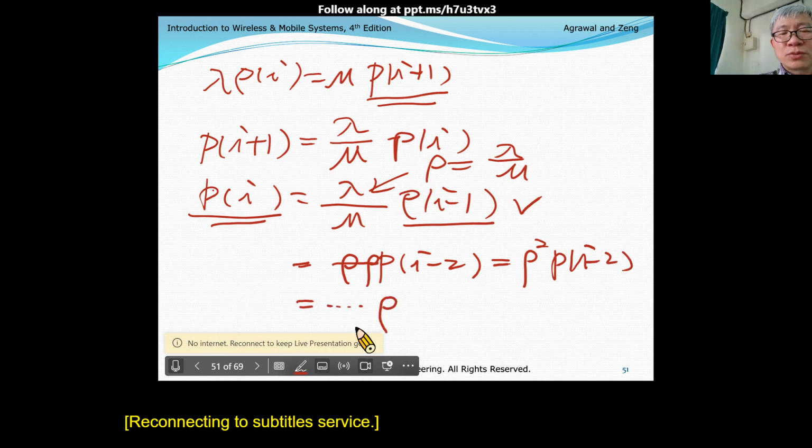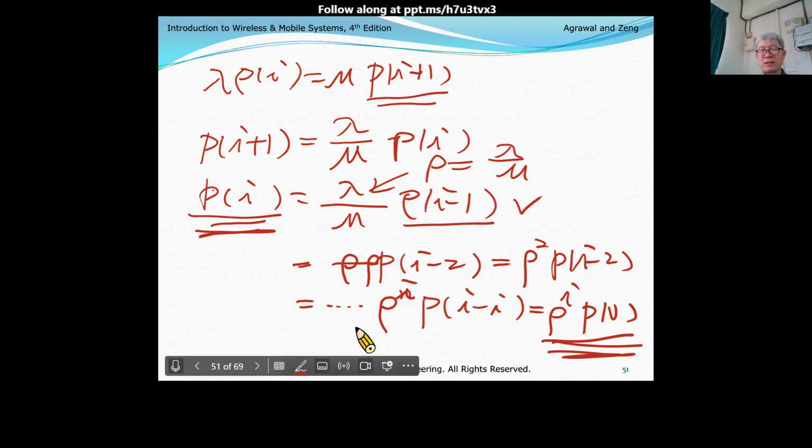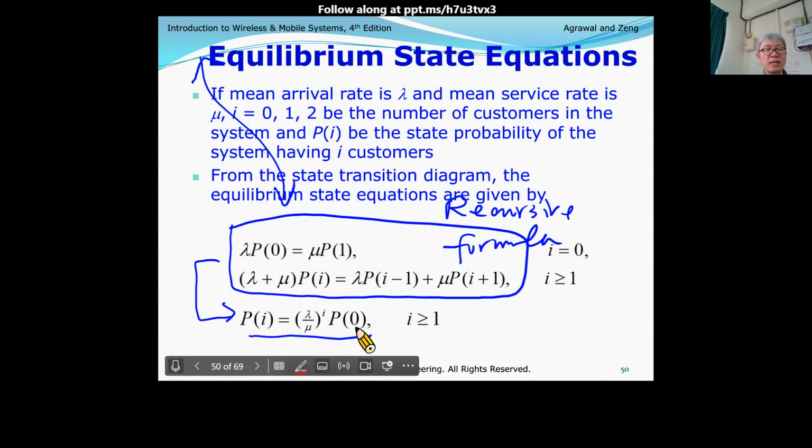So it should be i minus i, so we have rho^i P of 0. Is it true? So back to the current way, the second way, we have the relationship, and this relationship is actually this one. Am I right?